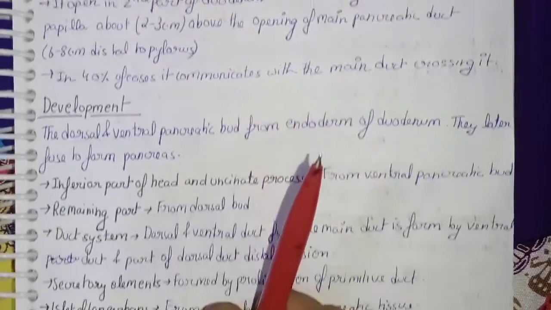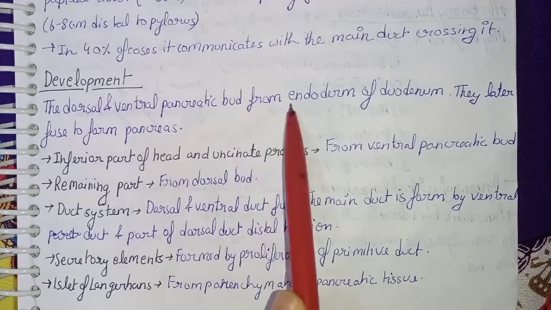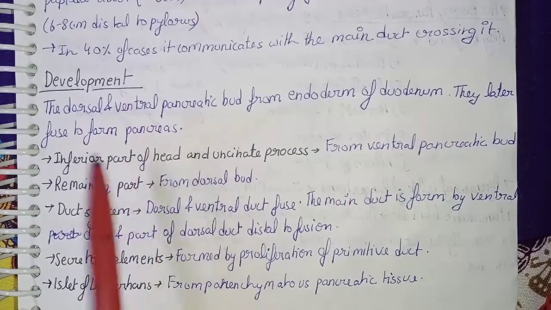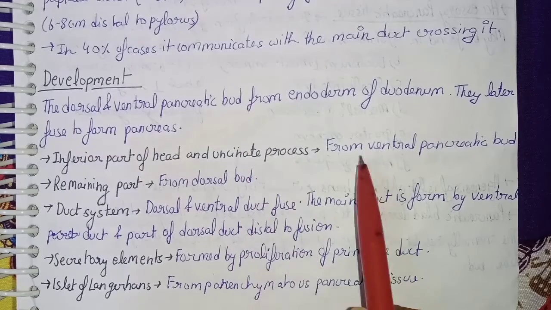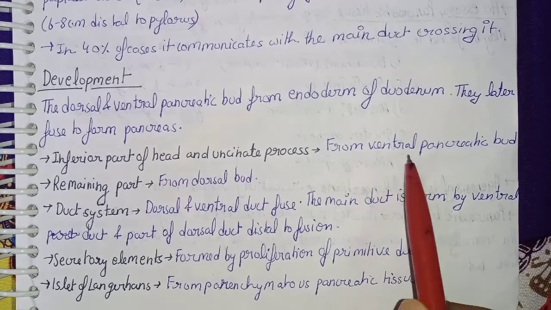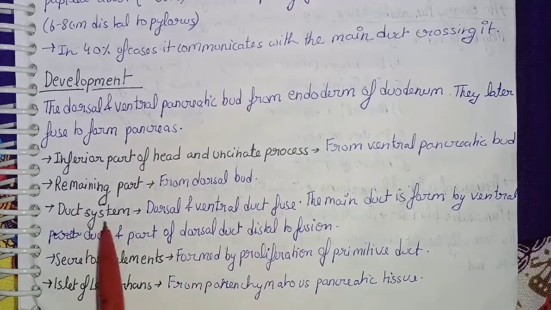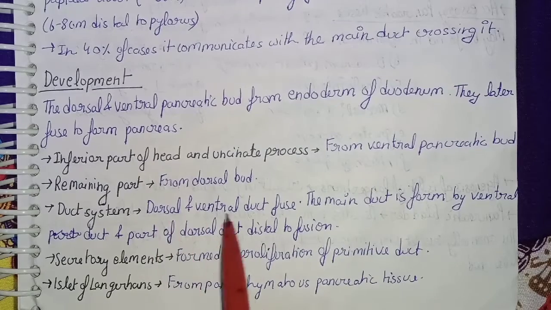Now coming to the development of the pancreas. The dorsal and ventral pancreatic buds develop from the endoderm of the duodenum. They later fuse to form the pancreas. The inferior part of the head and the uncinate process develop from the ventral pancreatic bud. The remaining part develops from the dorsal bud, and the duct system develops from the dorsal and ventral ducts.